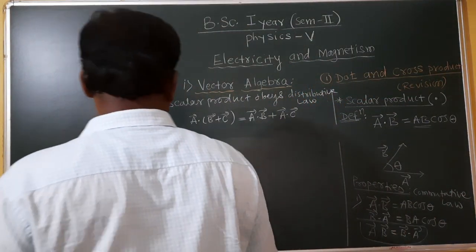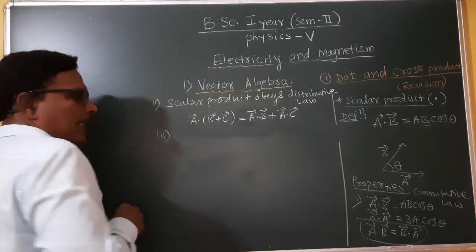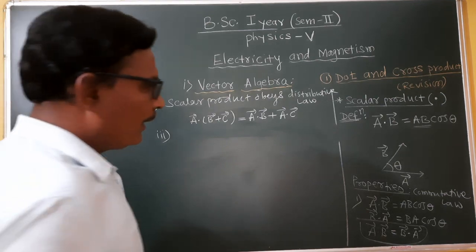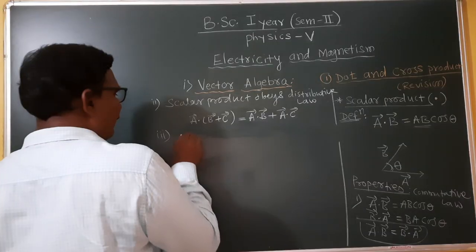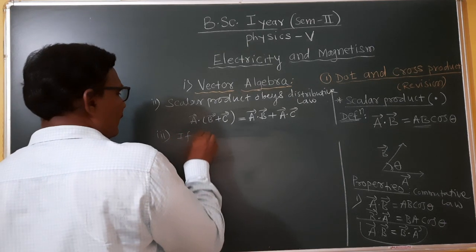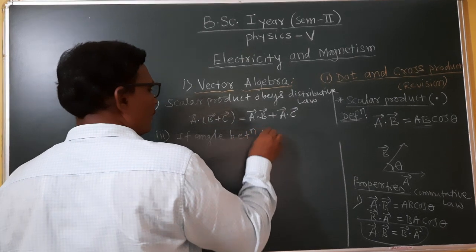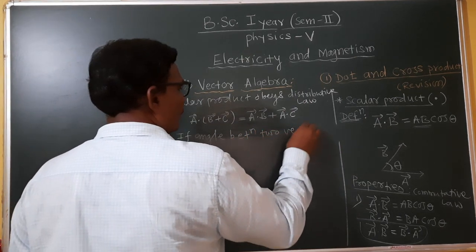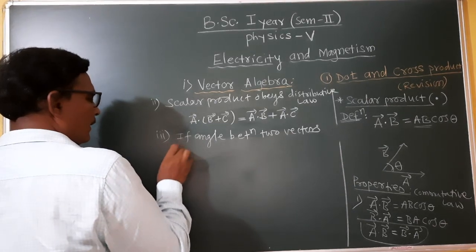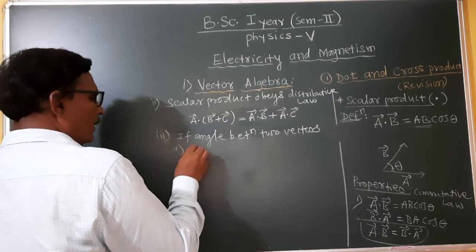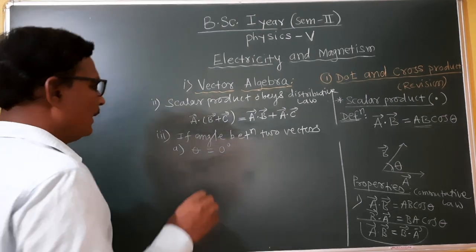Now we consider another characteristic or property for the scalar product. First, if theta is equal to 0 degree, what will happen?